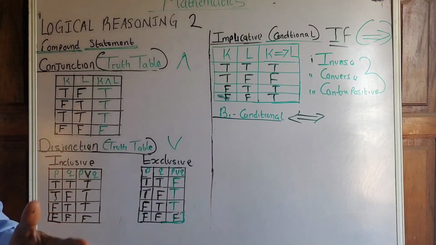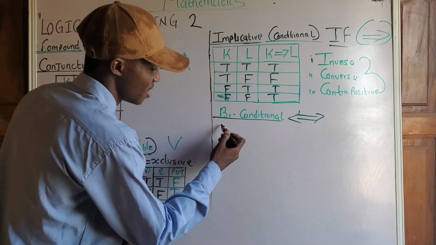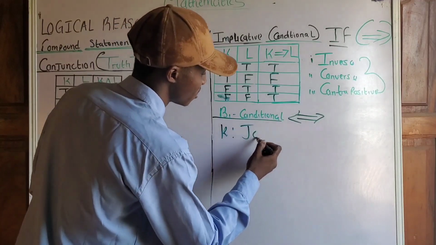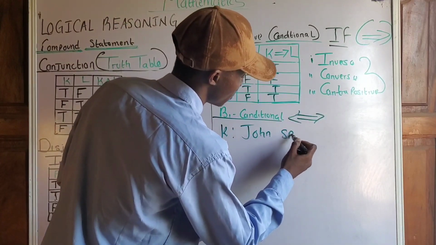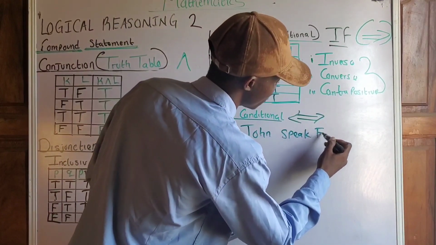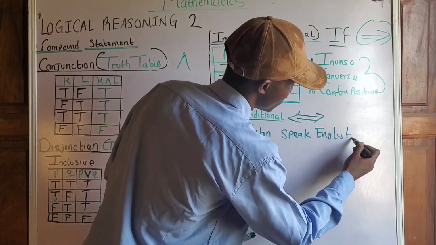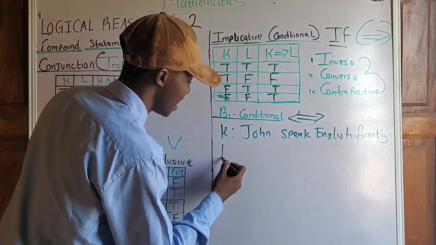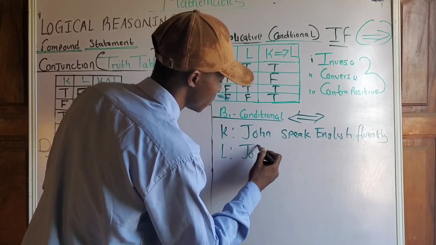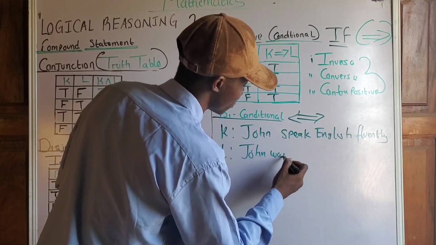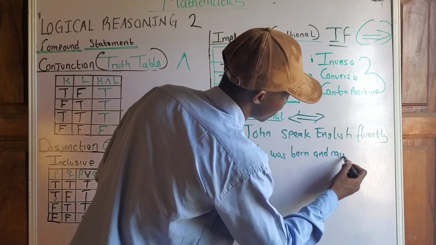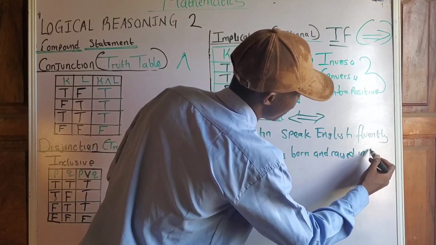Pay attention. Let K represent John speak English fluently. And let L represent John was born and raised in England.